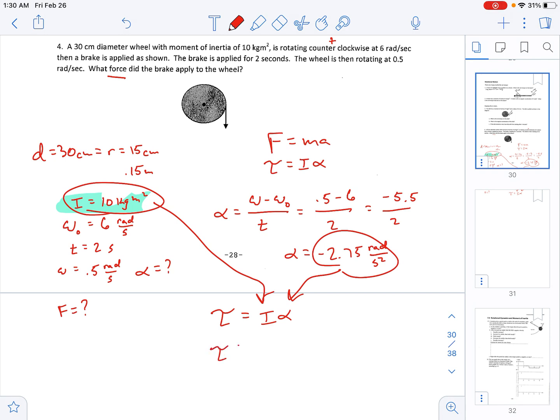So if my torque is equal to I alpha, my torque is going to be 10 times my negative 2.75, or my torque is equal to negative 27.5 Newton meters.